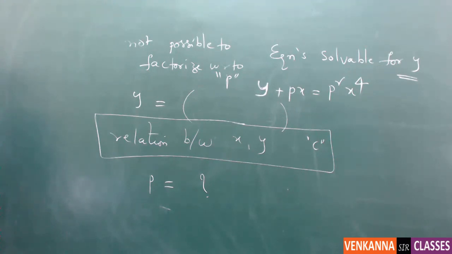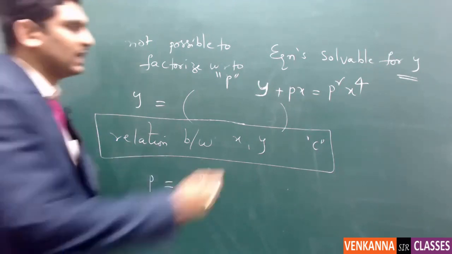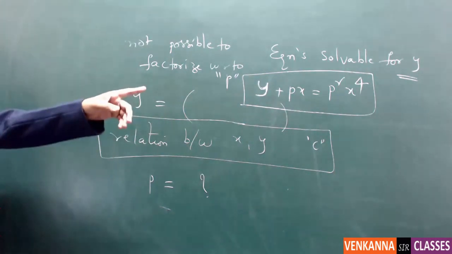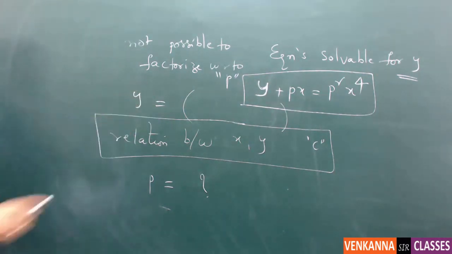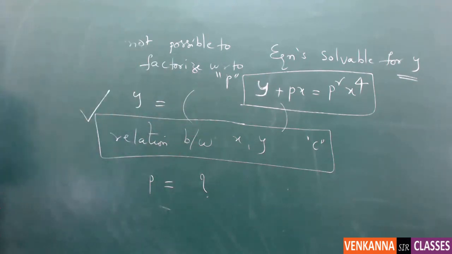So we are going to get the value of p in terms of x and the constant c. This value will be substituted in the given equation, so that the differential p will be eliminated. You are going to get the required relation between x and y, which involves c. Okay? Is the approach clear? Are you getting any confusion?